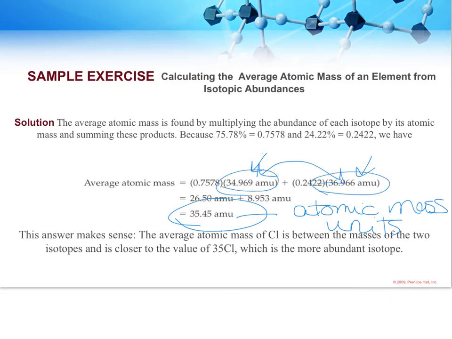You should also know which of these two masses the average atomic mass will be closer to. Since we've weighted the average atomic mass by the abundance, the average atomic mass is going to be closest to the more abundant isotope, which is here. So this number should be closer to 34.969 than it is to 36.966.